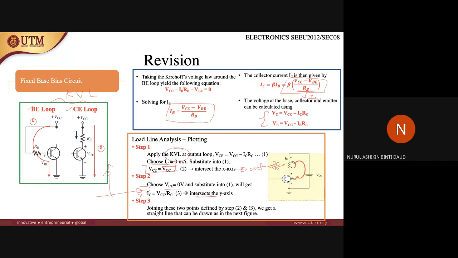This is the value for the intersection at the y-axis, also known as the saturation point, or saturation value. By knowing these two intersections, you just connect them. By joining these two points defined by steps 2 and 3, you get a straight line that can be drawn in the figure. So this is just a little bit of recap from yesterday's class.